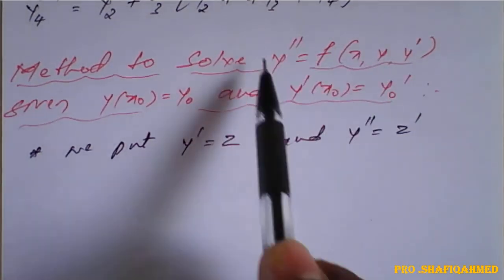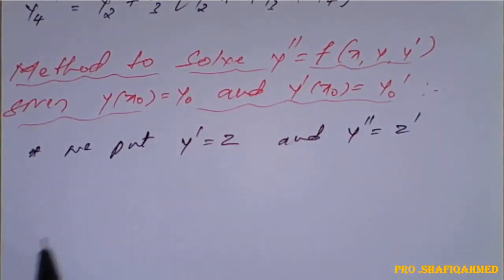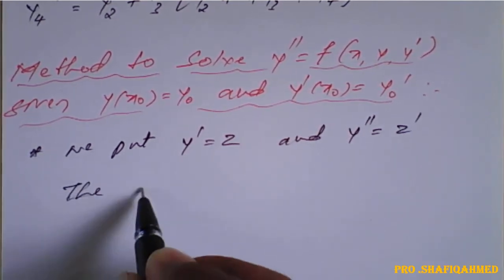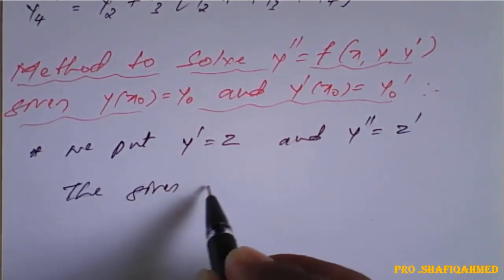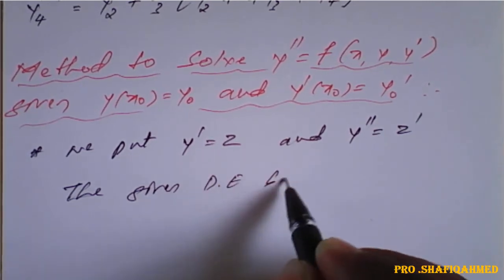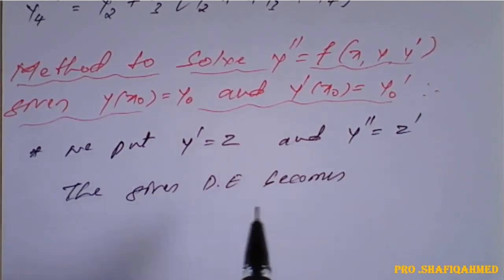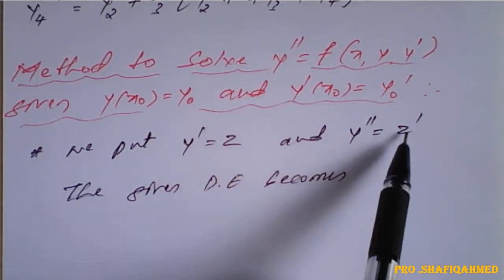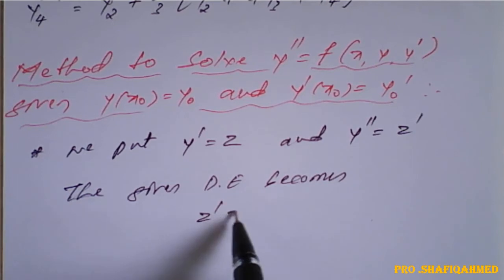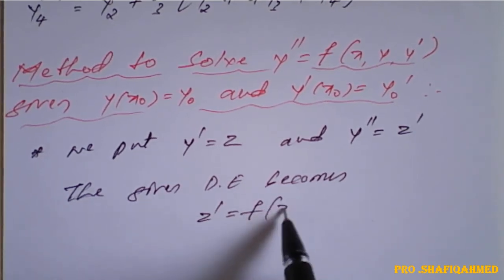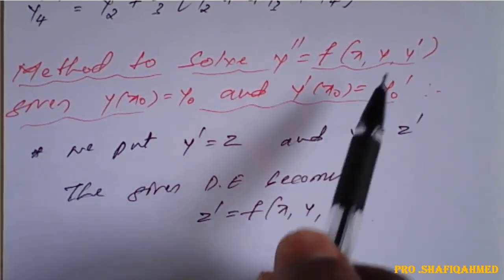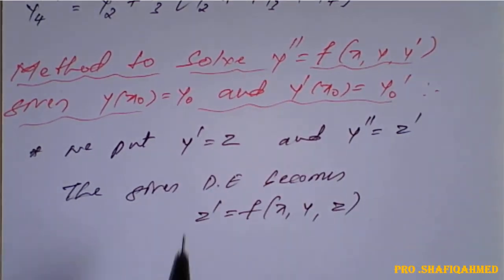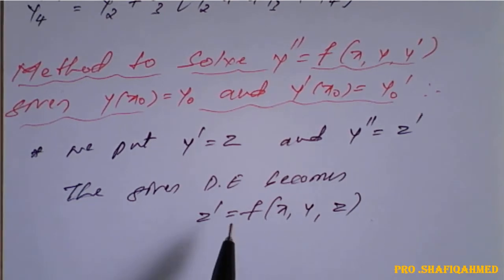Therefore the given differential equation becomes, y double dash is nothing but z dash, so z dash is equal to f of x comma y comma z, instead of y dash. With the help of this we are going to simplify.